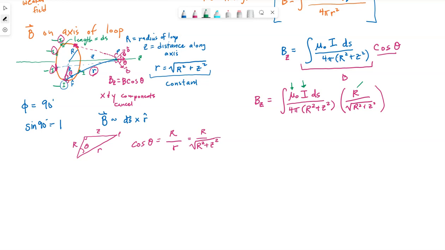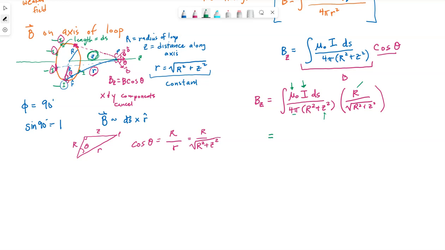Capital R means the radius of the loop. And since we're talking about the axis in the middle, each piece of current is a distance of R from the center. Pi is a constant. Z is also a constant because Z means the distance, if I come back to my picture, from the center of the loop out to the point P that I'm interested in.